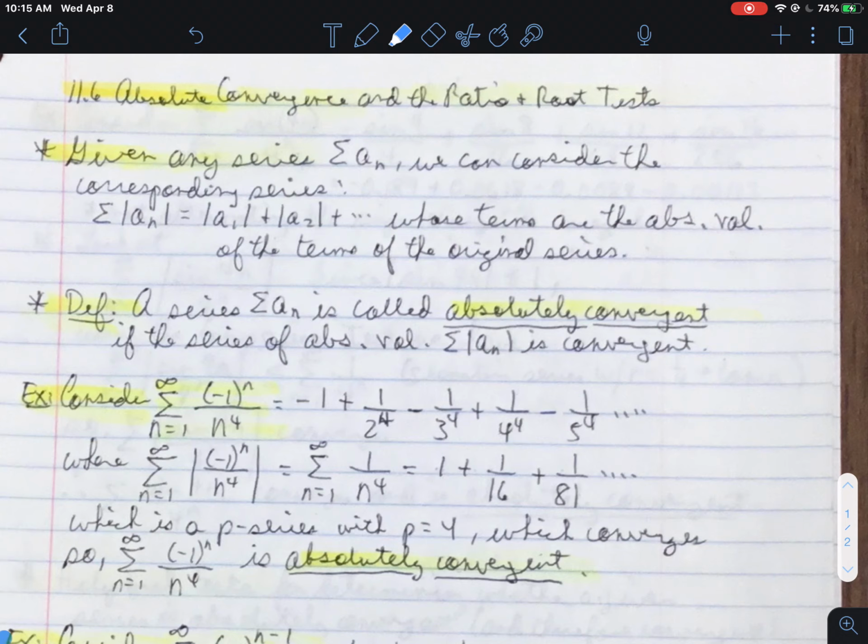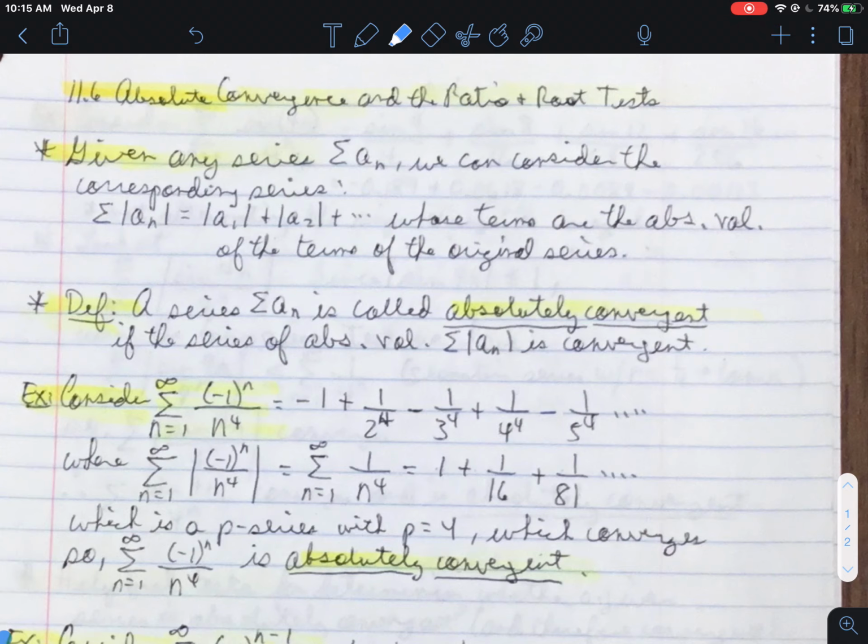All right, so given a series, sum of a sub n, if we consider the corresponding series of its absolute values, right? So we've talked about that before, where I just look at the absolute values of the terms. So our sum is of the absolute value of a sub n. So absolute value of a sub 1, absolute value of a sub 2, etc., where the terms are the absolute values of the terms of that original series.